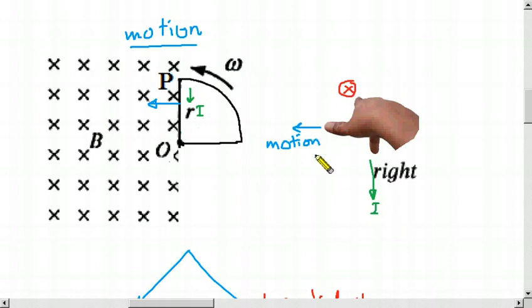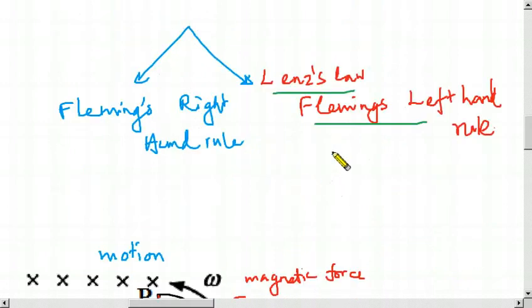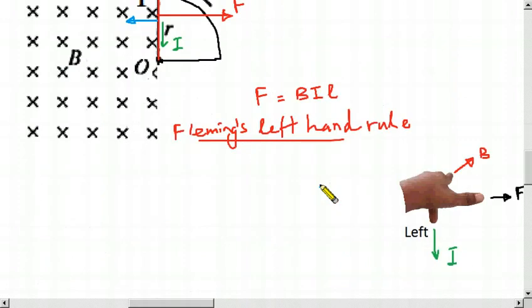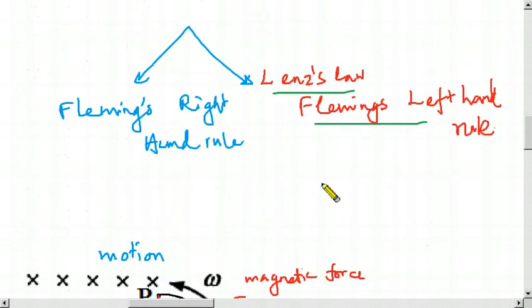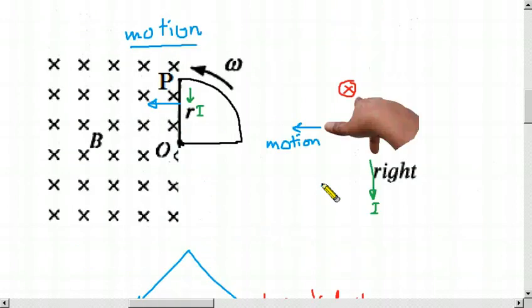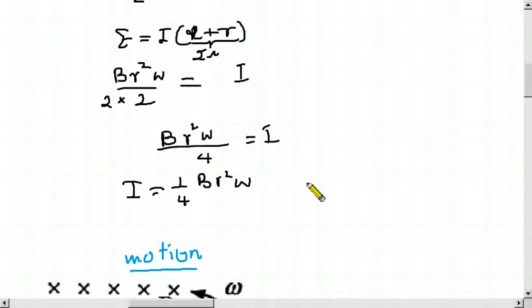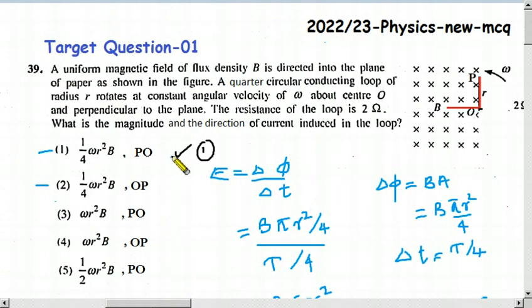Alone this right hand rule, you can get the answer, the direction of the current. So if you are using Lenz's law, you have to get help from Fleming's left hand rule. So I think without getting confused, you have to keep these two separately in your mind. So now we have found the answer. So still it is the first one, from P to O.